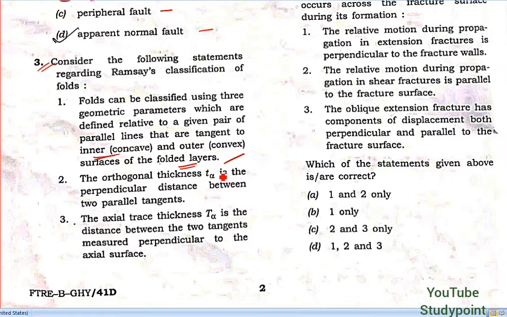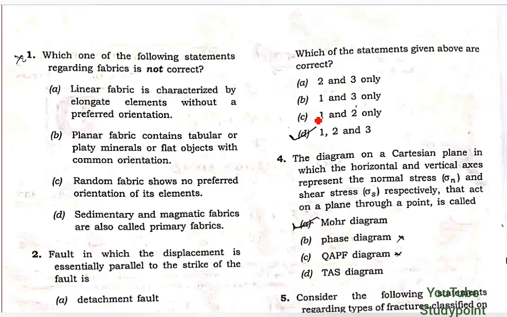Next, the orthogonal thickness T alpha is the perpendicular distance between 2 parallel tangents. This is right. The axial trace thickness T alpha is the distance between the 2 tangents measured perpendicular to the axial surface. This is wrong because not perpendicular, this is parallel. Right answer is option C, 1 and 2 only.